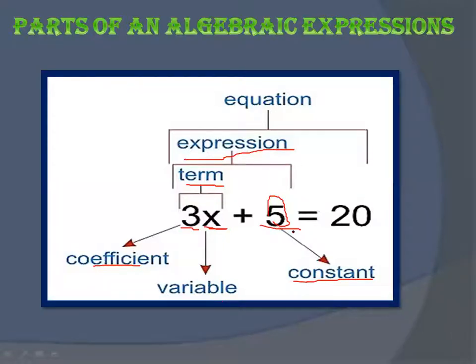If you have something written with equal to 20, 3x plus 5 is equal to 20, the whole thing is called an equation. So today you will learn how to solve these equations. This is the topic of our today's lecture.